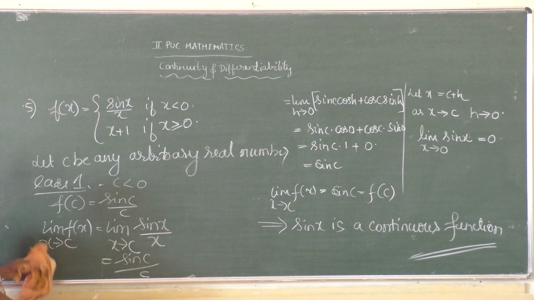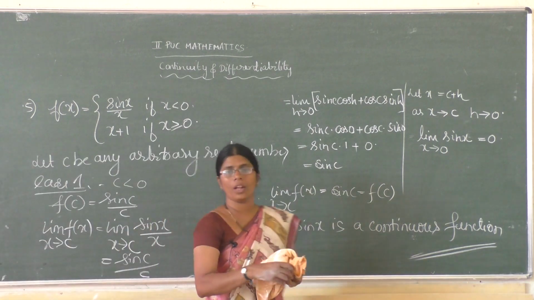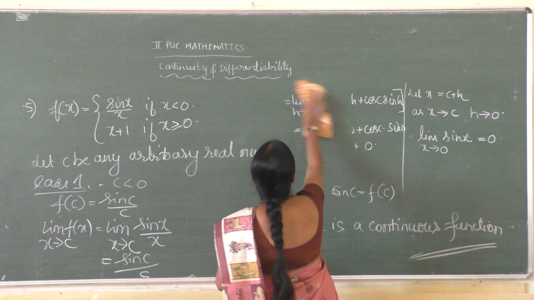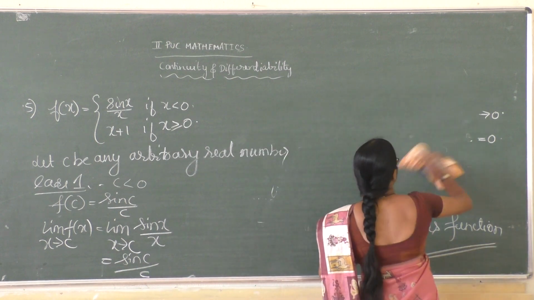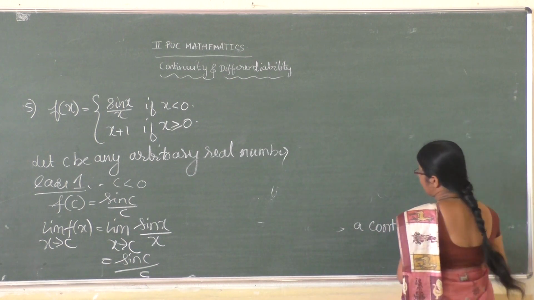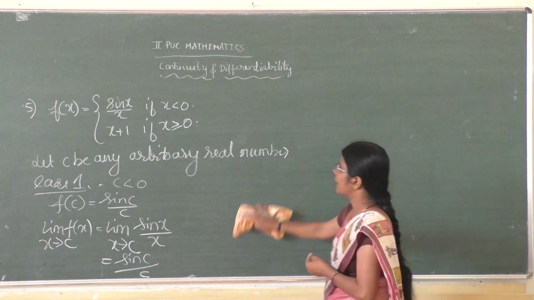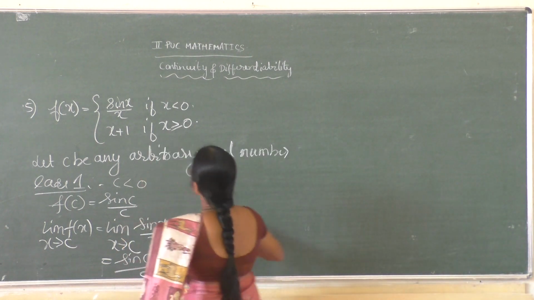Okay, direct substitution. So therefore we conclude that the limit of f of x as x tends to c equals sin c by c, and that equals f of c.